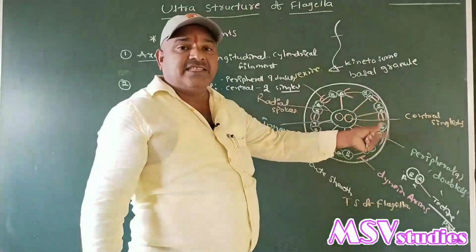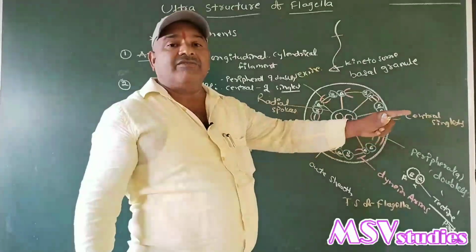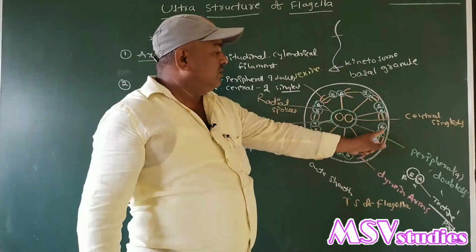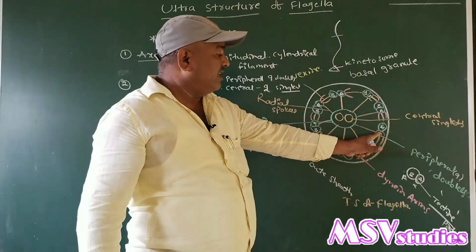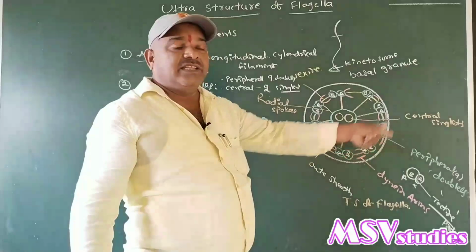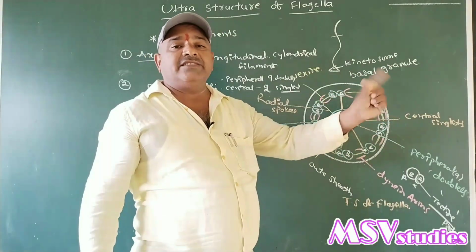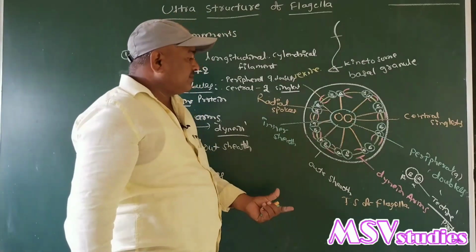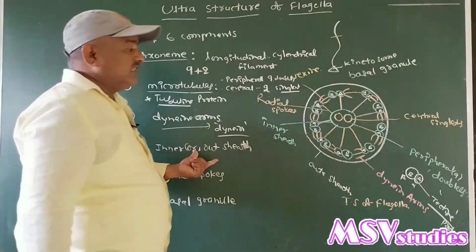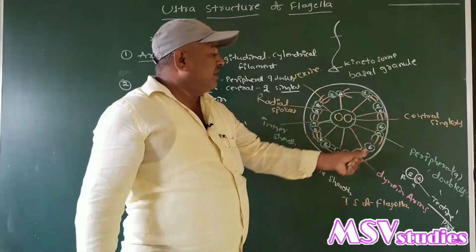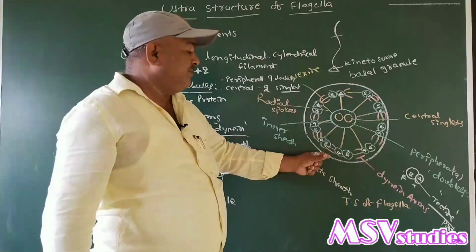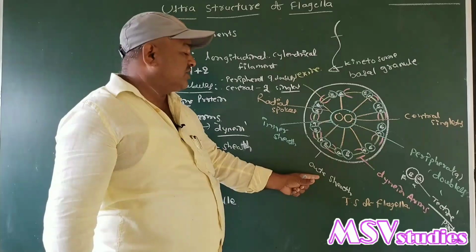These dynein arms are arranged in a clockwise orientation, connecting one peripheral doublet to the next. Next one, inner and outer sheath. The peripheral microtubules are covered with the outer fibrous layer. This is called the outer sheath.